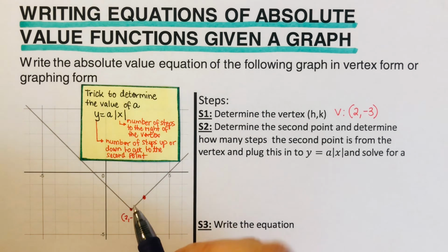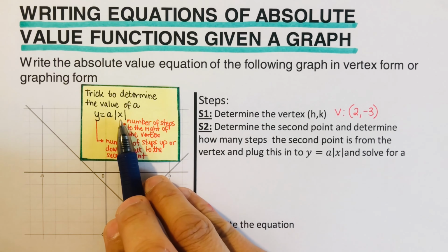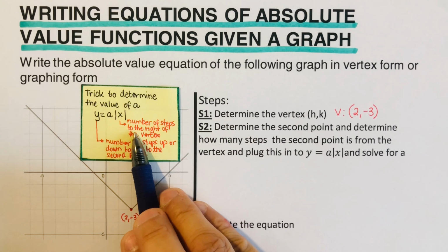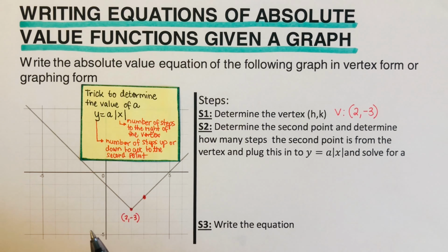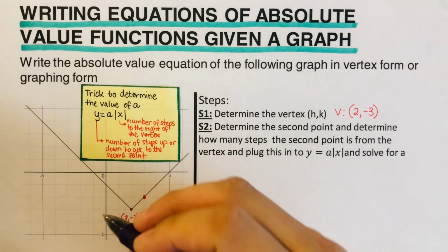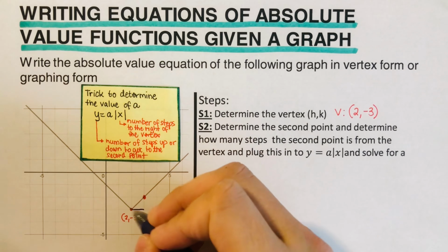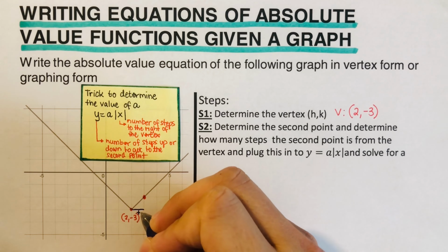To do that, we first determine the x value. The x value that we put into this equation is the number of steps that we go from the vertex to the right. In this case, we are going 1 step to the right. So I'm just going to label this as positive 1.